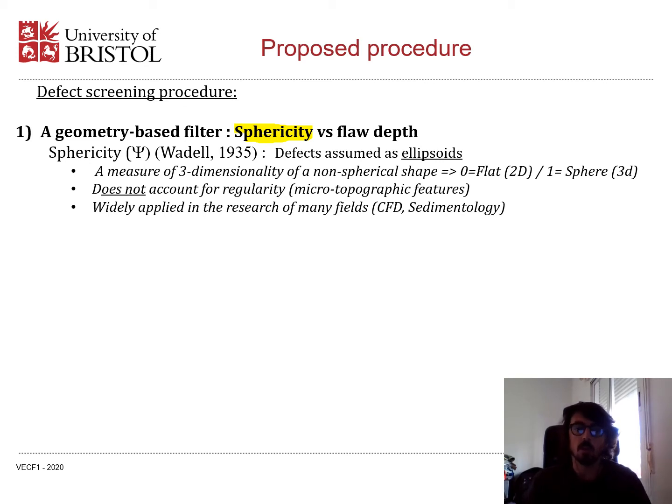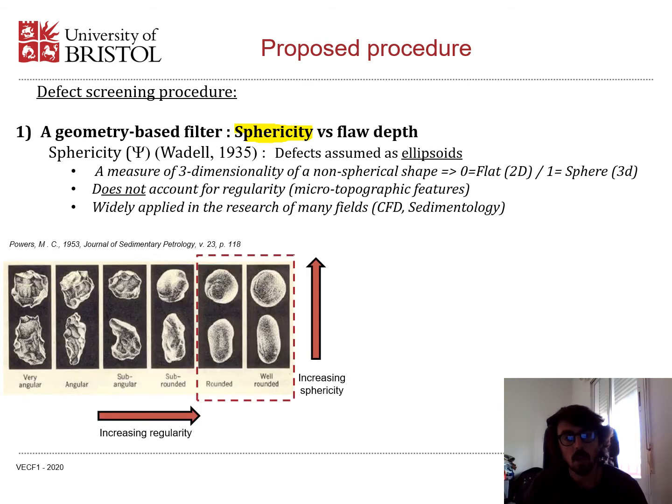Of course, we do not consider any sort of microtopography or shape; we will assume the defects are semi-ellipsoidal, and as a result, we will be focusing mainly on a metric of roundness or sphericity, but we don't have a metric for regularity.